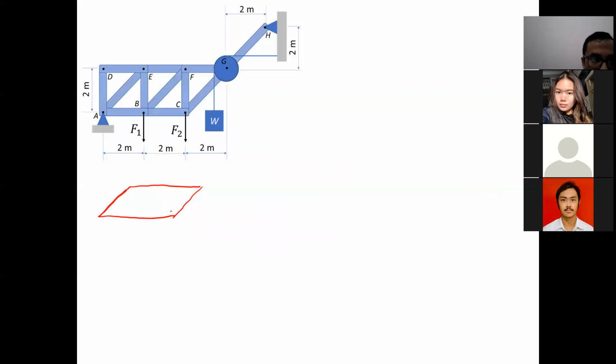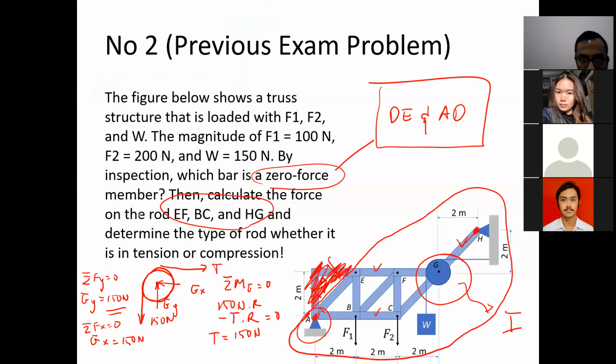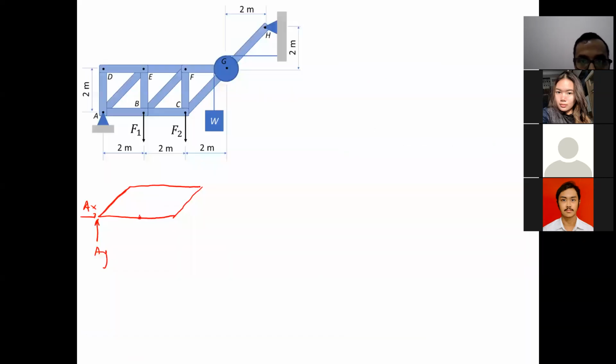Okay, and then we have AY, AX, F1. What is the value of F1 just now? F1 is 100 Newton. So we have 100 Newton here, and 200 Newton here.